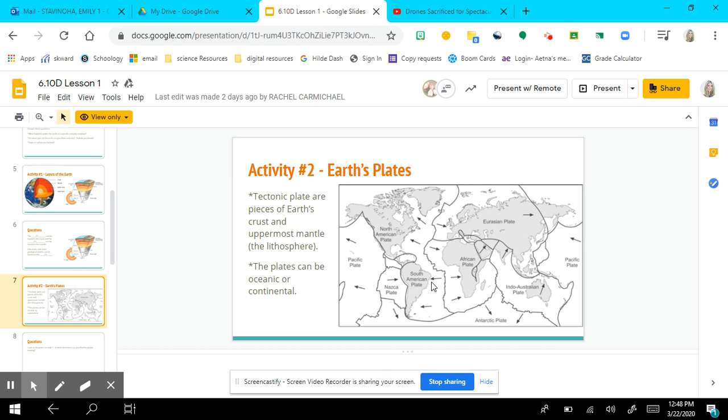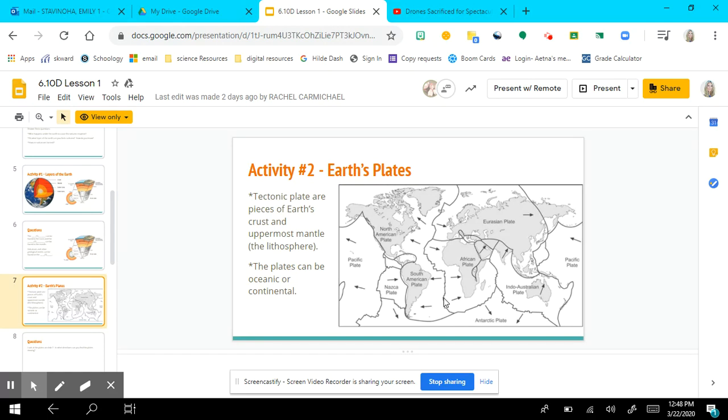If you look here, the South American plate is moving also towards the Nazca plate. The South American plate is moving away from the African plate. If you think about the plate boundaries that we have talked about, convergent, divergent, transform, what type of boundary is this one right here, where they're moving away from each other?